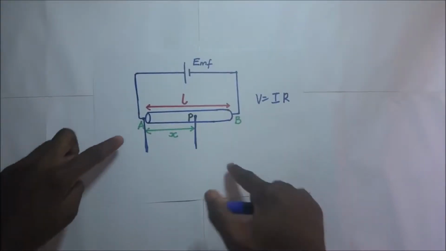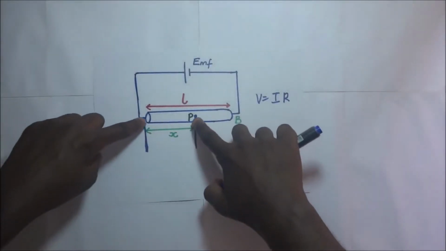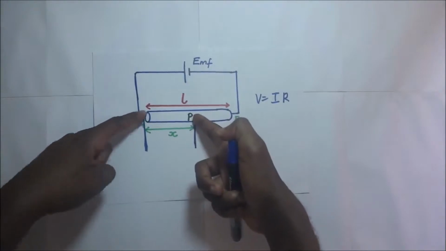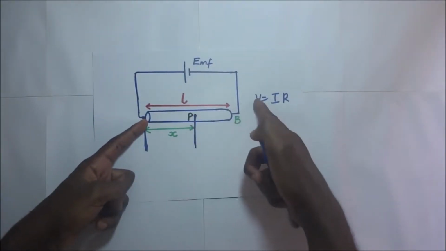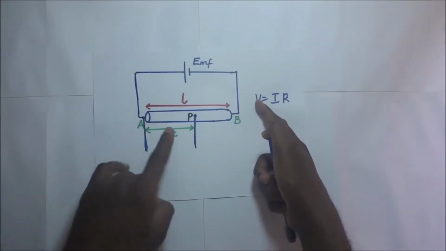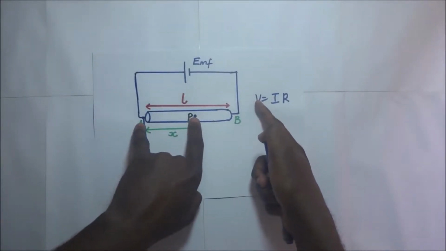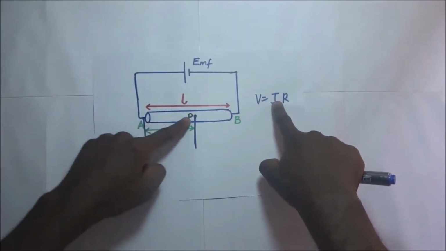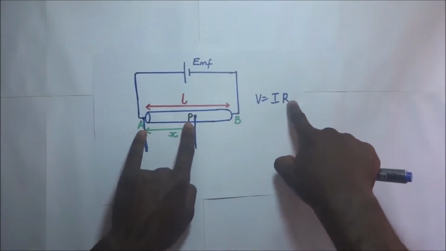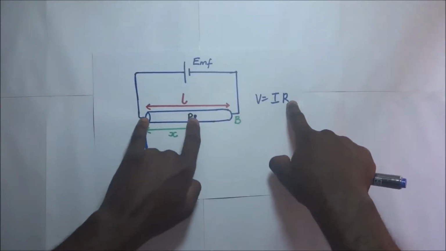The same applies if we want to find the potential difference across the portion of the slide wire AP. It is still V, the potential difference across that portion AP, equal to the current going through that portion times the resistance from A to P.